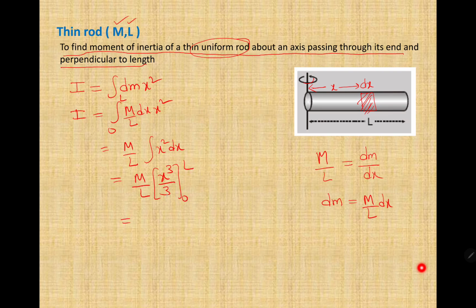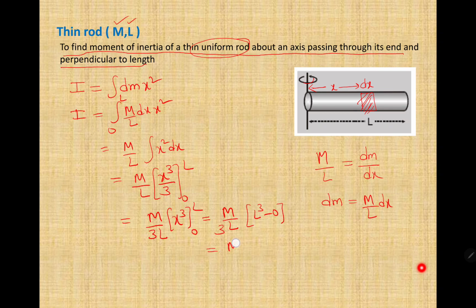Now let us bring 3 outside here. M by 3L into x cube, limits 0 to L. In the case of limits, we know we have to substitute upper limit minus lower limit. So M by 3L, upper limit is L, lower limit is 0. Therefore L cube minus 0.